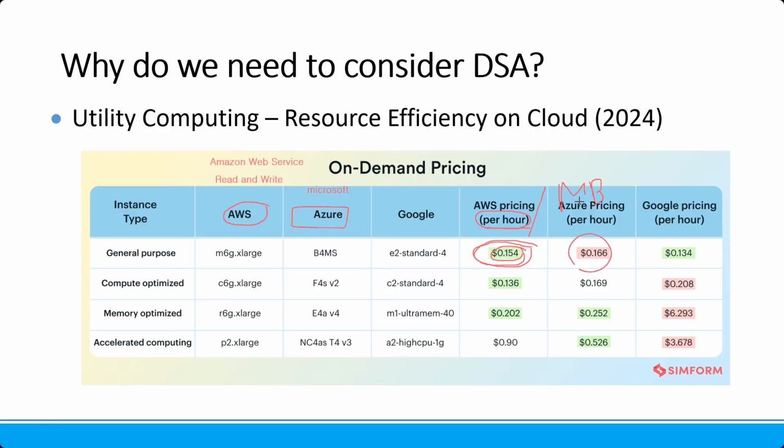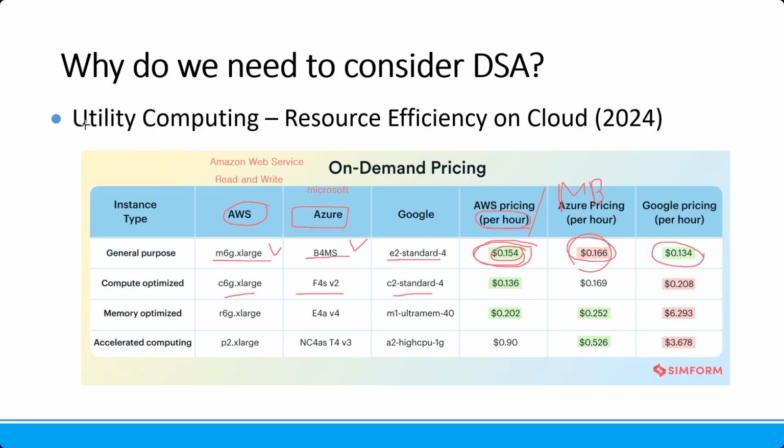This is the price for Azure, then this is the price for Google. Of course, they provide different kinds of computers. So you need to check the spec of the computer. Which one is better? Which one is worse? The better computer may have the higher price. And it depends on how you save the data.